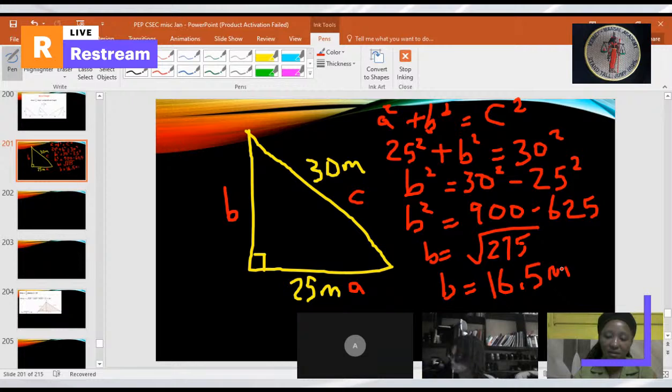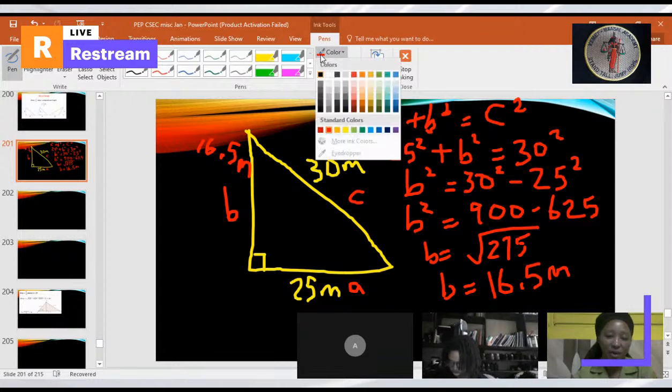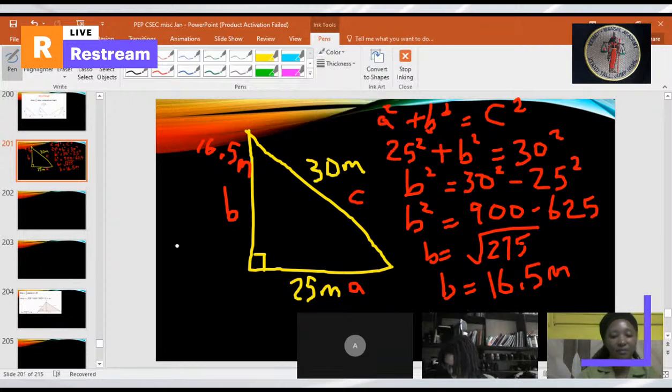All right, so we can put that in, 16.5 meters. Now that we have found the height, we can work out the area, right? Yes, miss. So it would be 25 times 16.5 times a half.